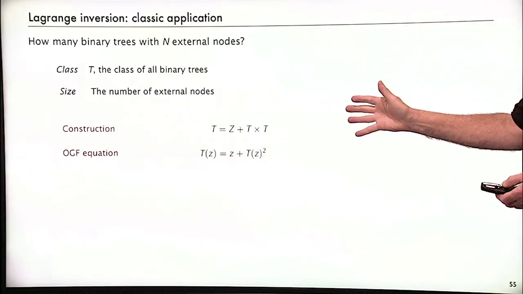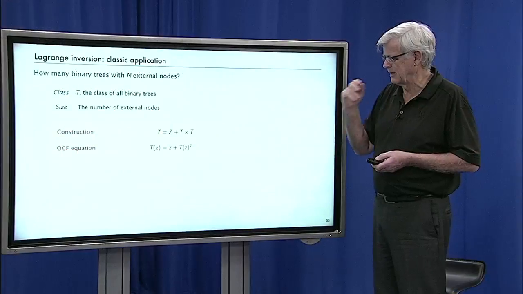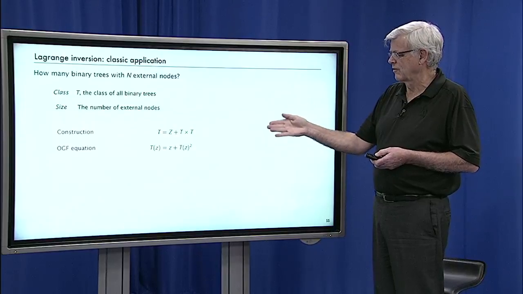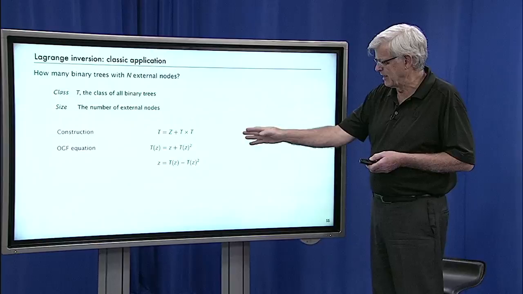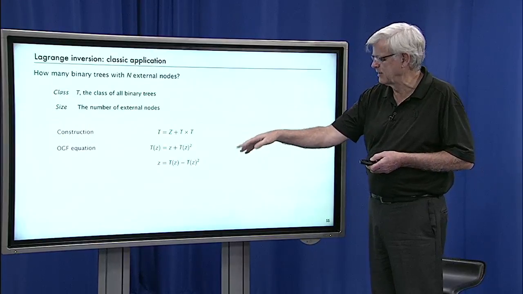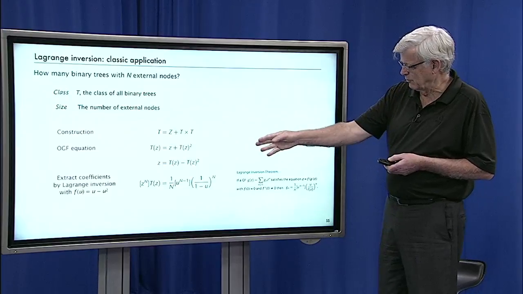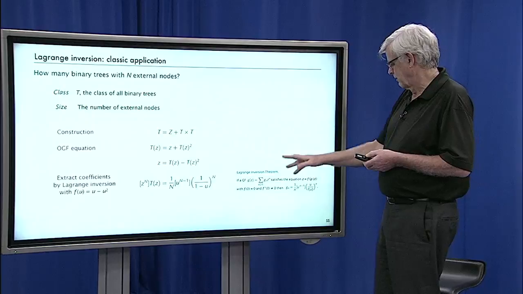For binary trees, we have the standard construction and the OGF equation. With Lagrange inversion, we can extract coefficients immediately from that equation because it has the form z equals a function. So we use f of u equals u minus u squared for Lagrange inversion.